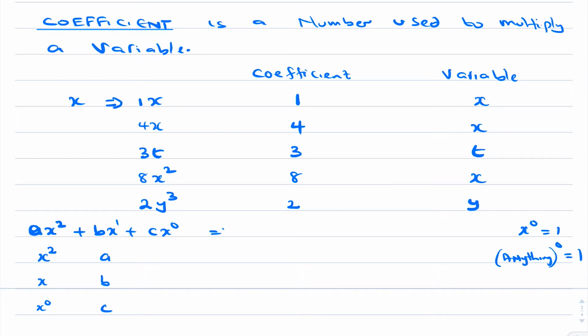But if I write this equation clearly, it will be ax squared plus bx, because x to the power 1 equals x, plus c. As I said, x to the power 0 equals 1, and 1 times c is c. So you can now see the coefficient of x squared is a, the coefficient of x is b, and the constant, which actually is the coefficient of x to the power 0, is c.